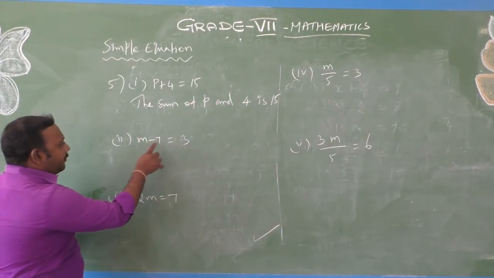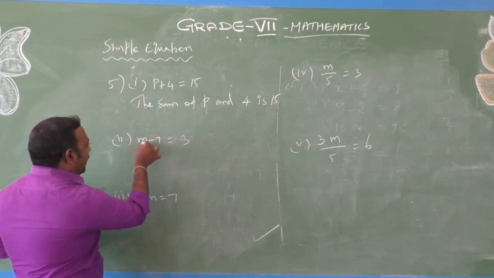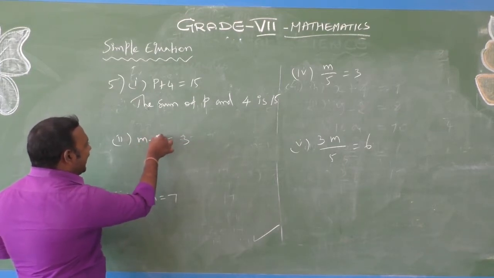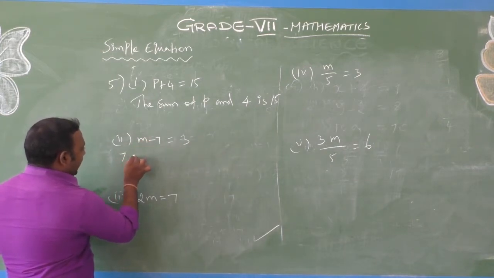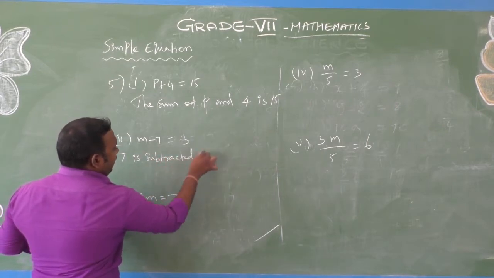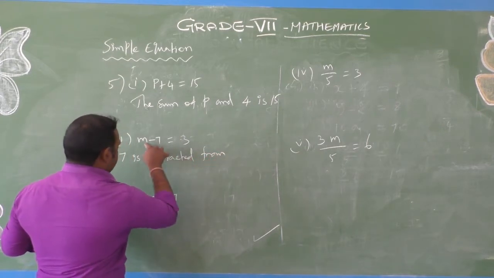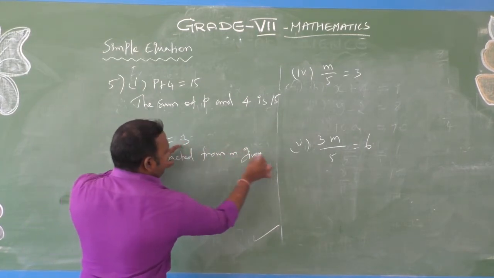Then m minus 7 is equal to 3. Here 7 is subtracted from m, so 7 is subtracted from m gives 3.